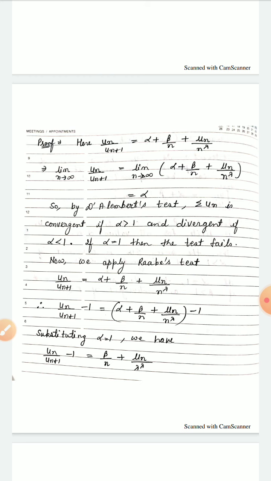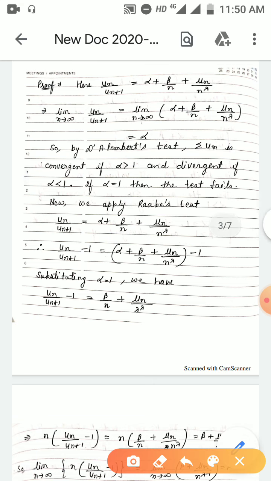Since in this case alpha is equal to 1, substituting alpha equal to 1, we will get un by un plus 1 minus 1 is equal to beta by n plus mu n by n to the power lambda. This will be n to the power lambda, not lambda to the power lambda.